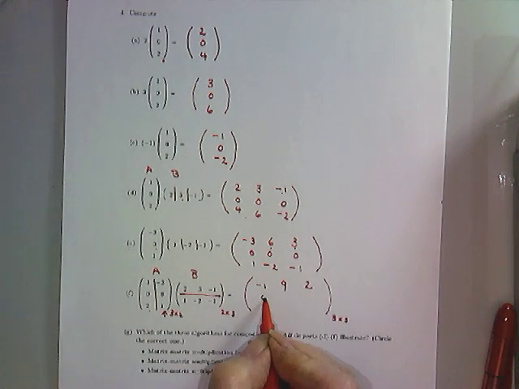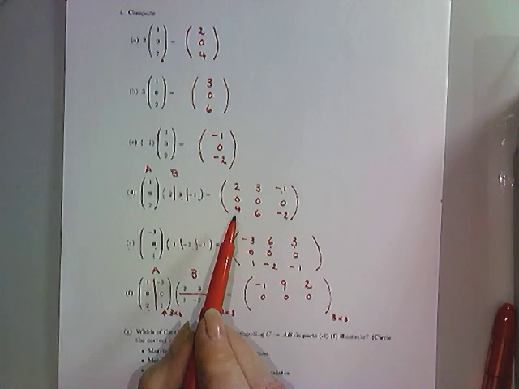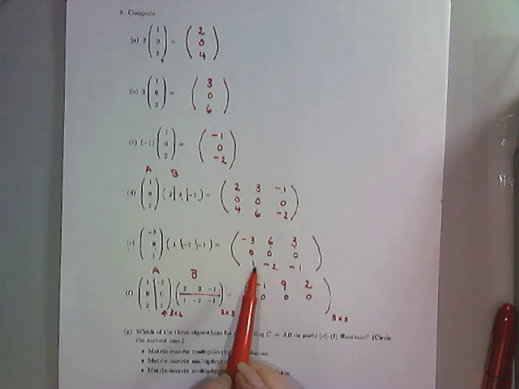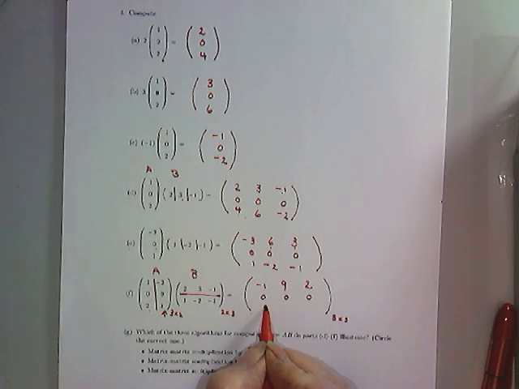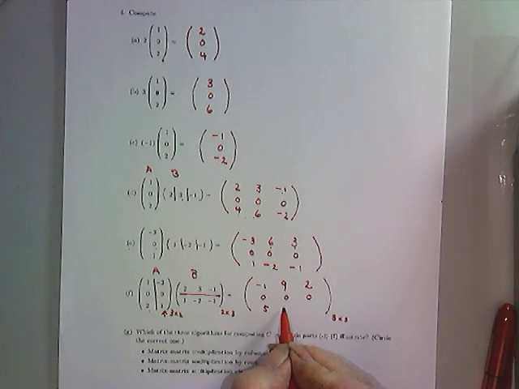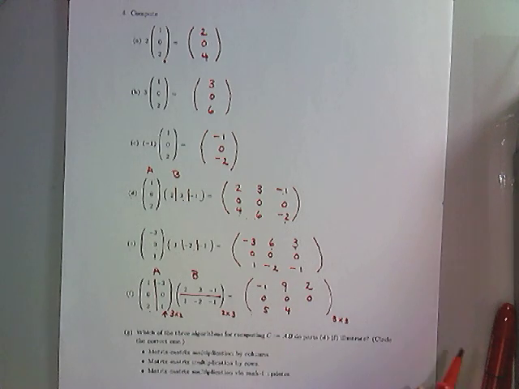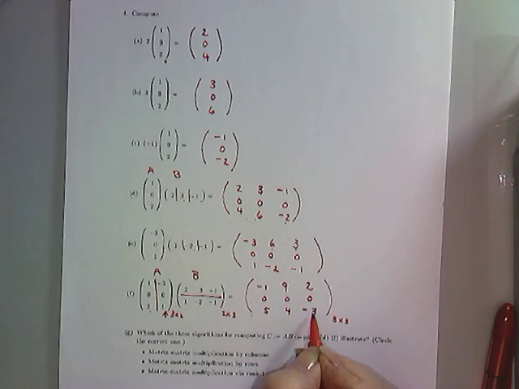Then zeros for the second row. And then the last row is going to be 4 plus 1, which is equal to 5. 6 plus a negative 2, which is positive 4. And negative 2 plus negative 1 is negative 3.